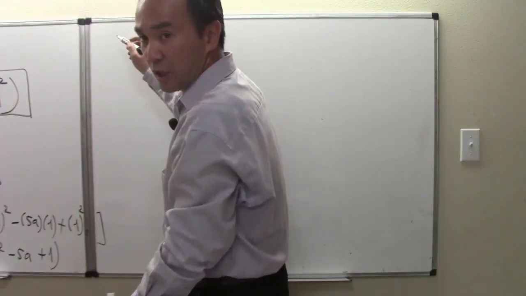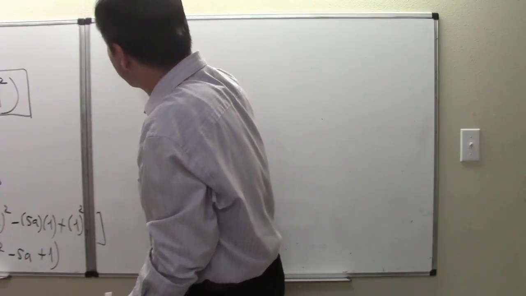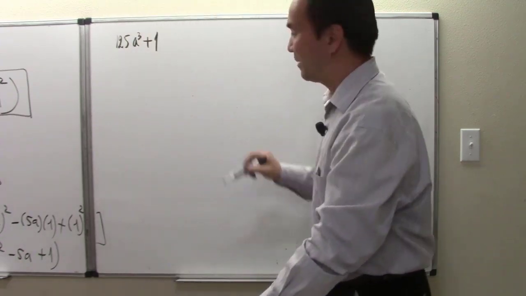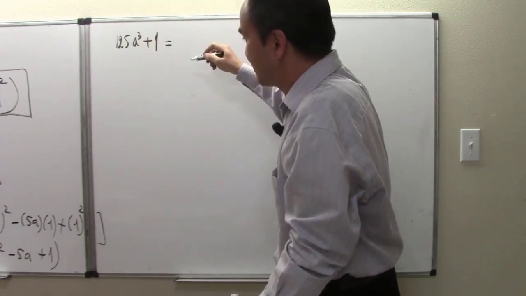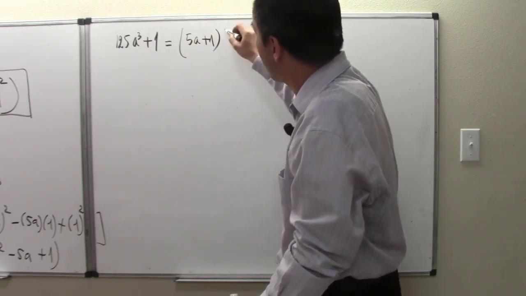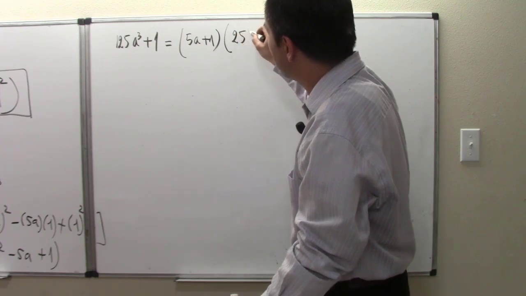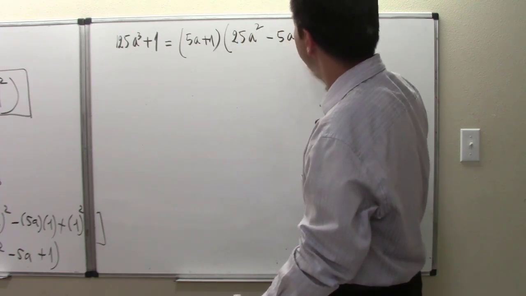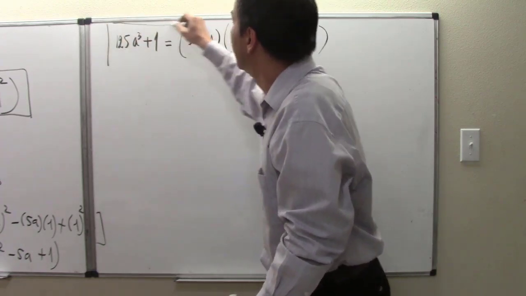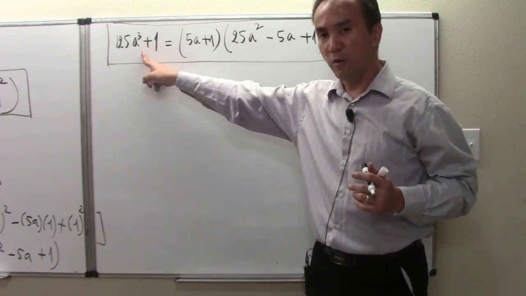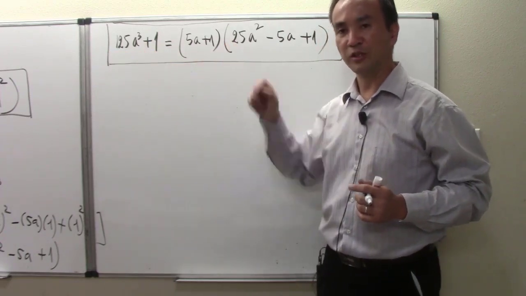And so as a conclusion, 125a cubed plus 1 can be factored as 5a plus 1 in product with 25a squared minus 5a plus 1. And that's how we factored this polynomial using the sum of two cubes.